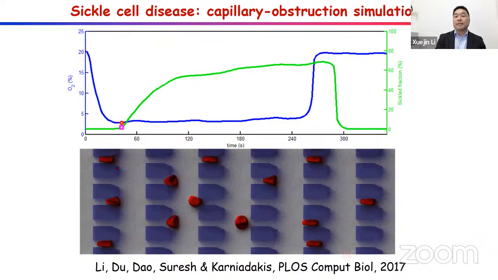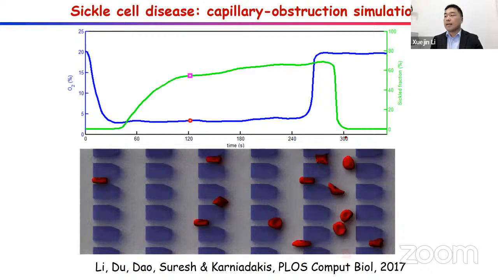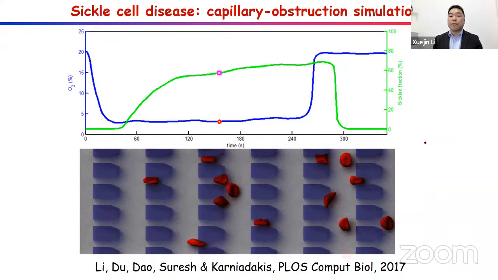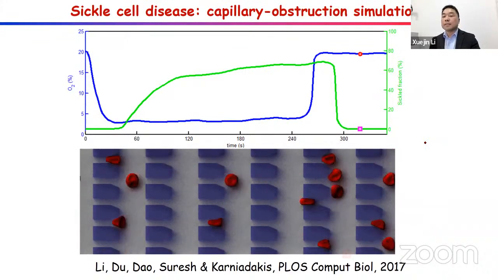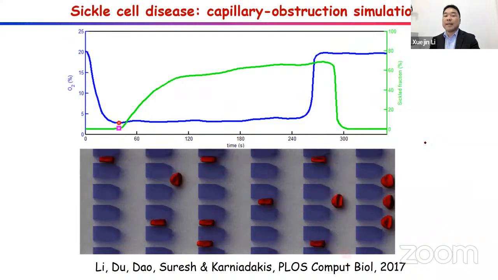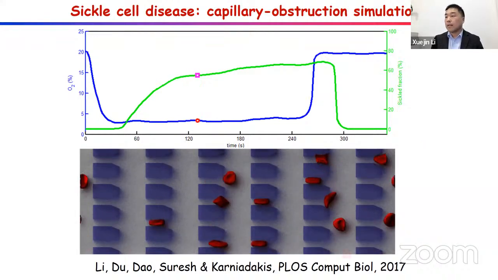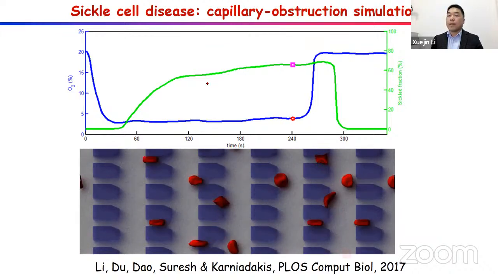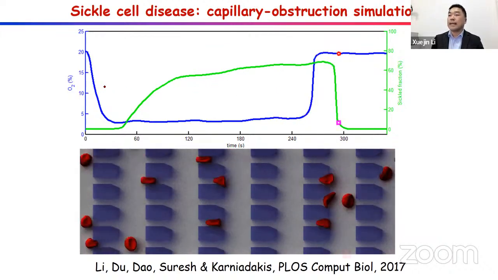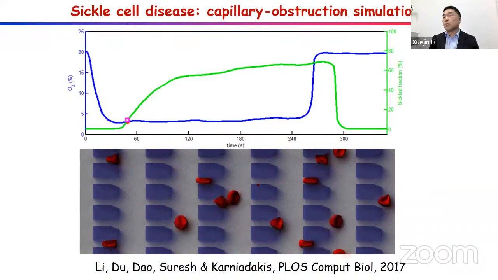And including all of the data, we set up the simulations. And here is a video showing the cell flowing behavior in the microchannel. You can see that individual sickle red blood cells may have different dynamic behavior in transient hypoxia conditions. At a normal oxygen level, just like here, you can see all of the red blood cells deform and pass through the microgate.